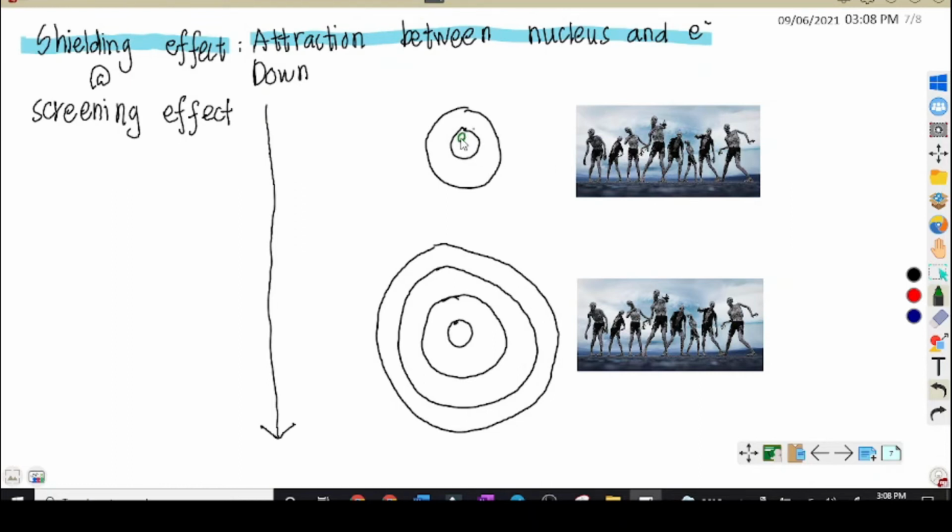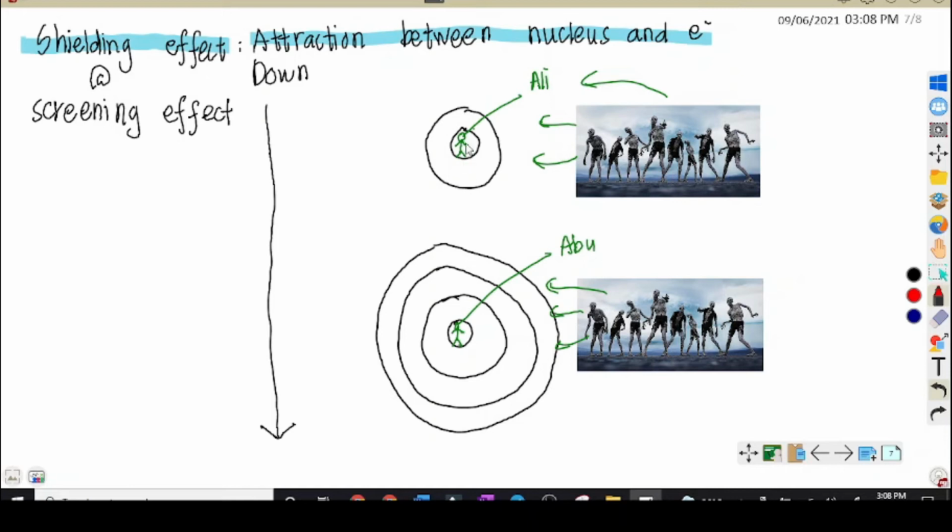So let's say we have Abu and Ali in the middle of the nuclear charge. So this is Ali and this is Abu. They both are going to be attacked by a group of zombies, so we're going to see how they're going to shield themselves from the zombies.